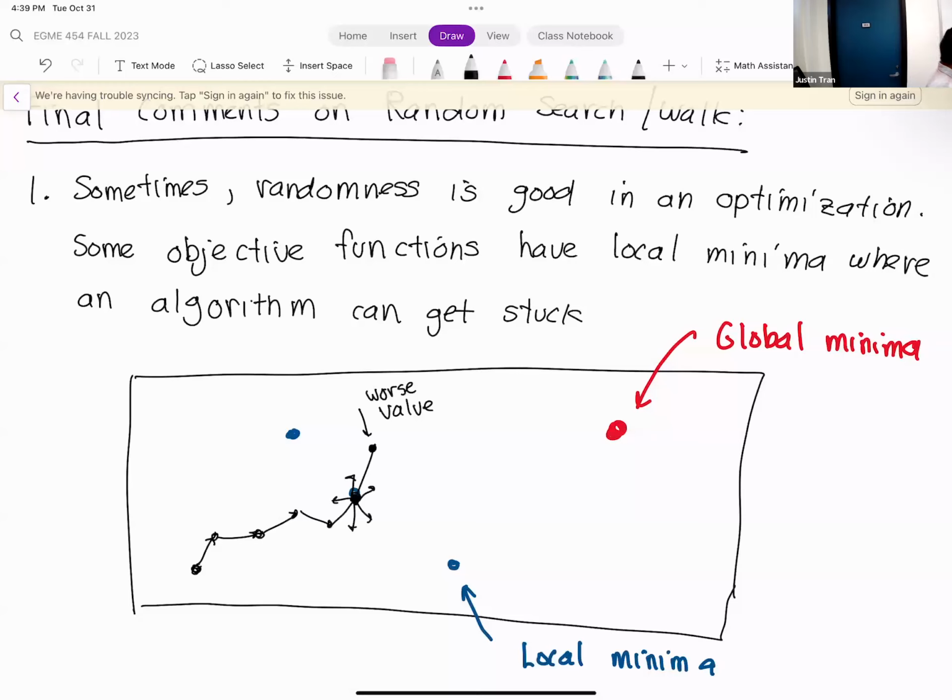Normally, we wouldn't want to go here, because what we're observing is that it doesn't improve on our previous value. But sometimes you need this. Sometimes you need to break out of a local minimum.